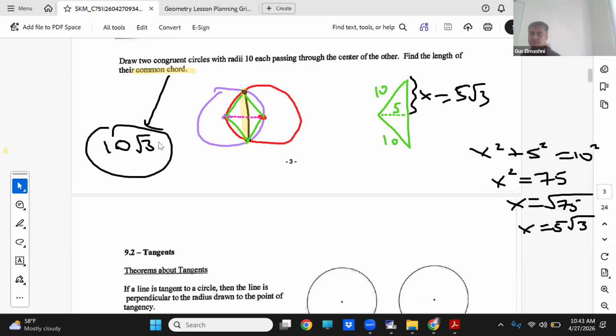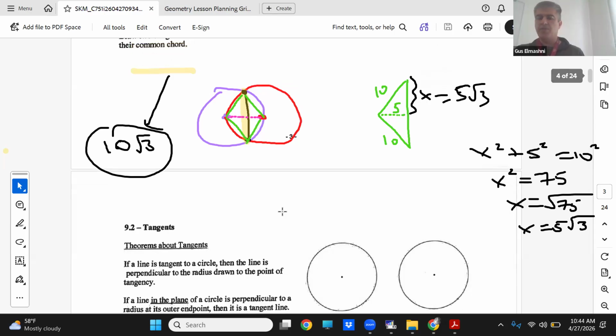So you get 10 root 3. We're good? Cool. All right, so that's 10 root 3. Yeah, a little tricky, that one.